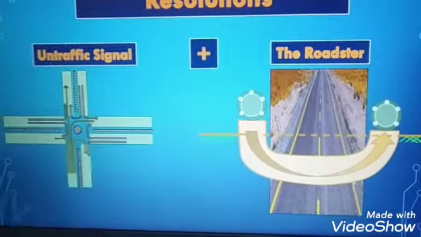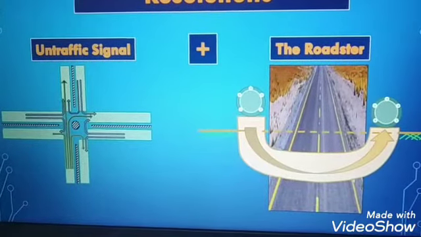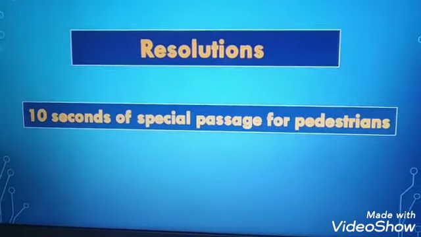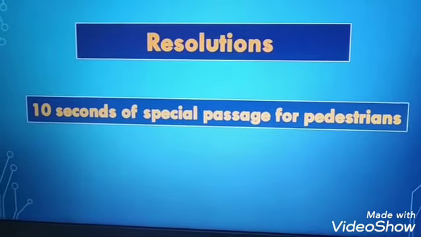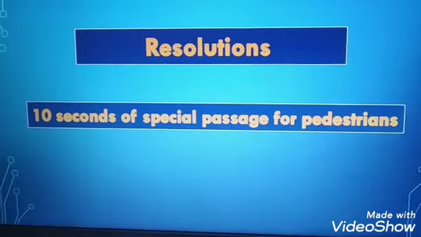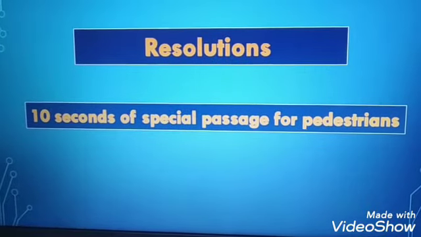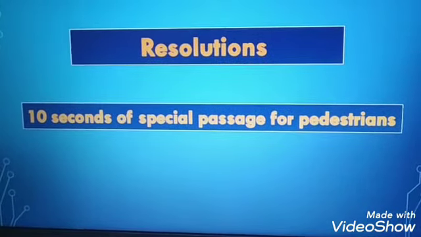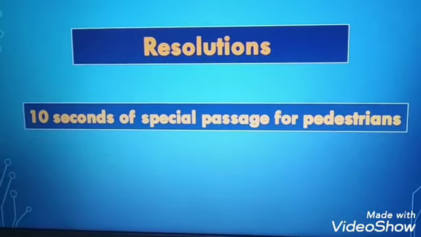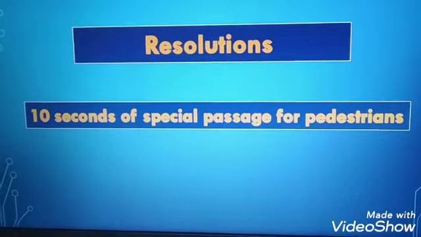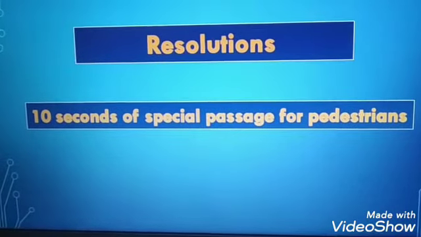But there is another resolution which is a simpler way, I think, and that is a special 10 seconds of passage for pedestrians after every 25 seconds of cycle of primary lane. As I explained previously, each lane will have the privilege of becoming a primary lane for 25 seconds.